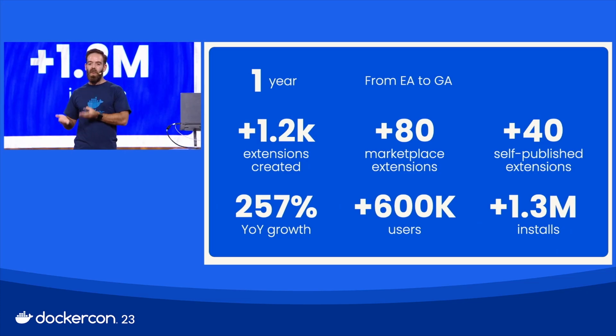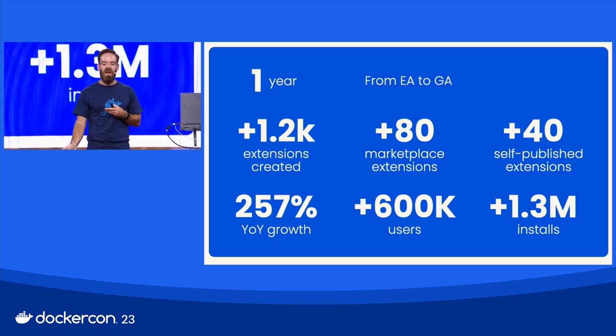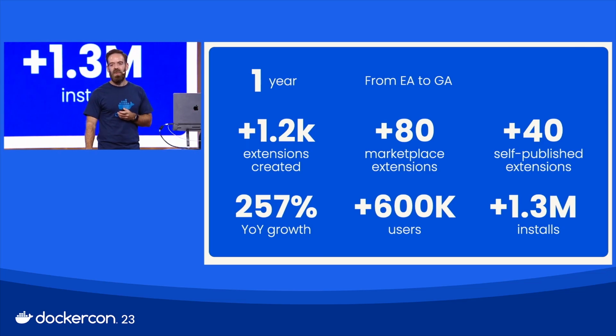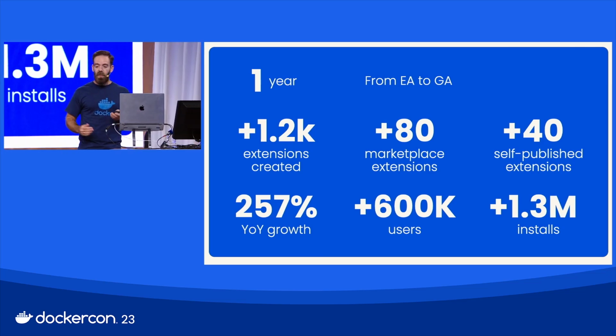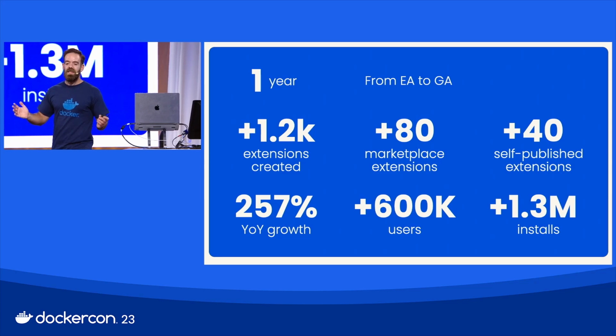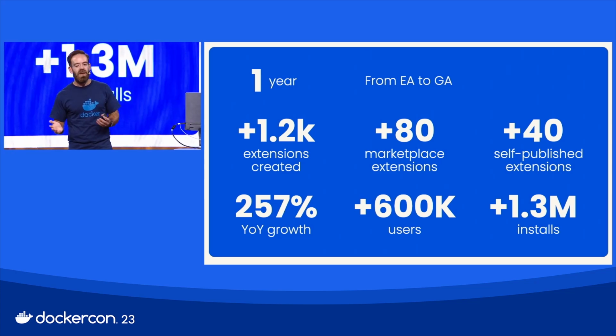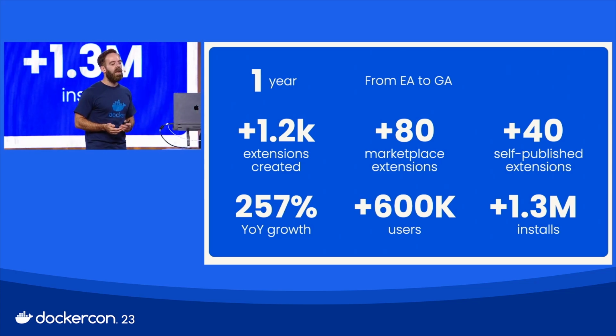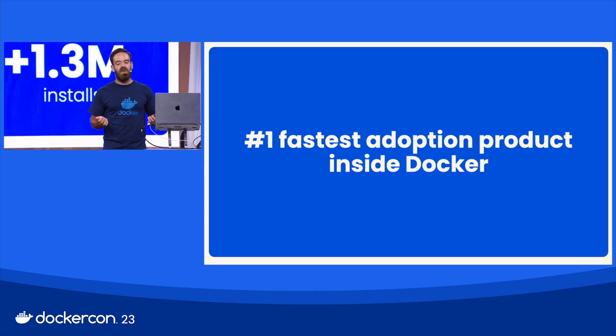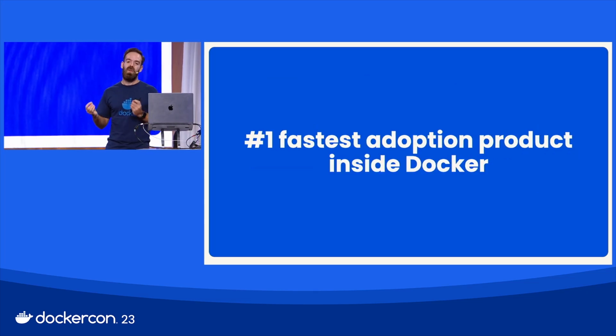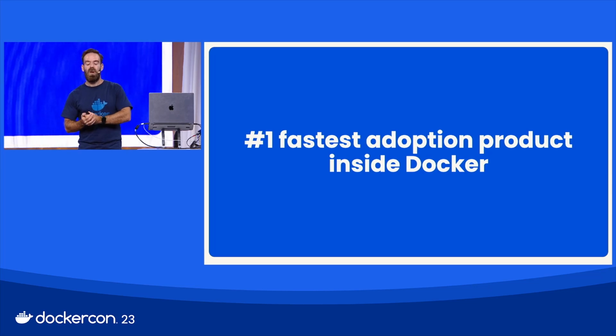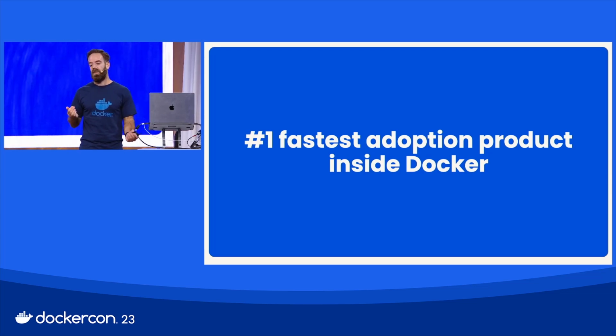And now we're at 1.3 only a month after that, and who knows next month what that number is going to be. So we're pretty amazed by all this work and all the community work that has been done with extensions, and we are happy to say that the extension was the fastest product on being adopted inside Docker.